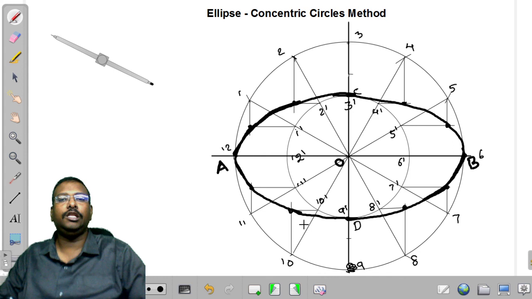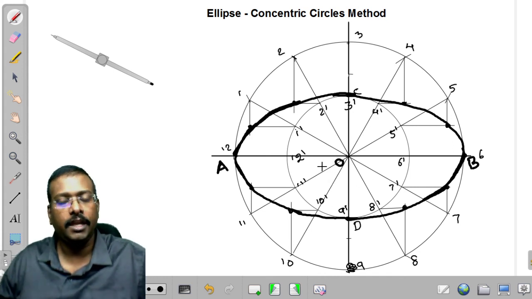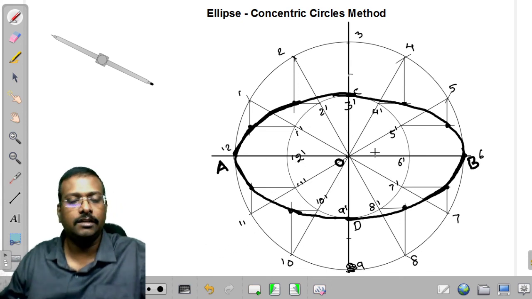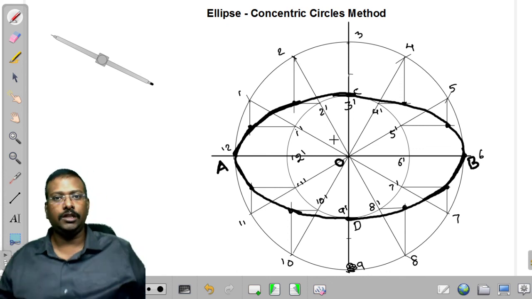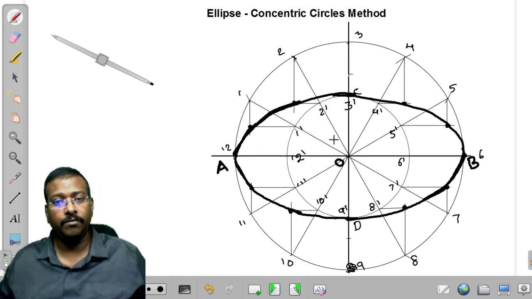By joining all these points as a smooth curve, we'll get the required ellipse. So this is the way how we have to get the ellipse by using concentric circles method. In the next video, we'll learn how to construct ellipse as well as hyperbola by using arcs of circles method.